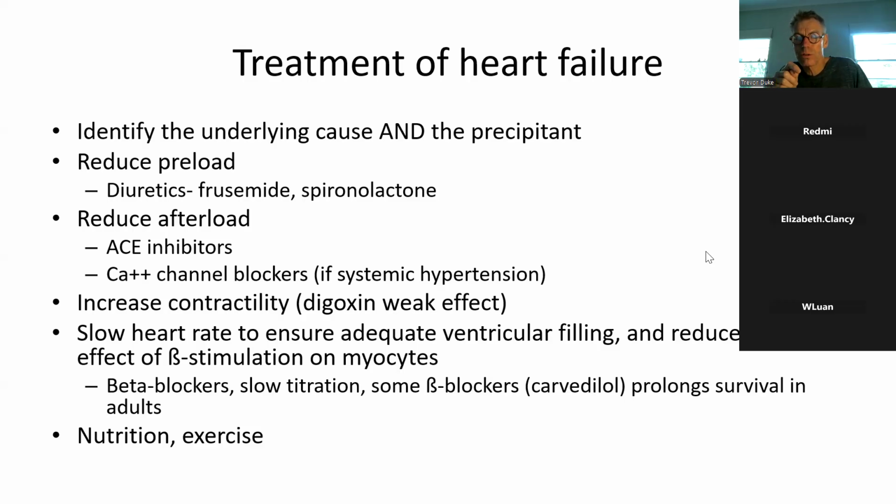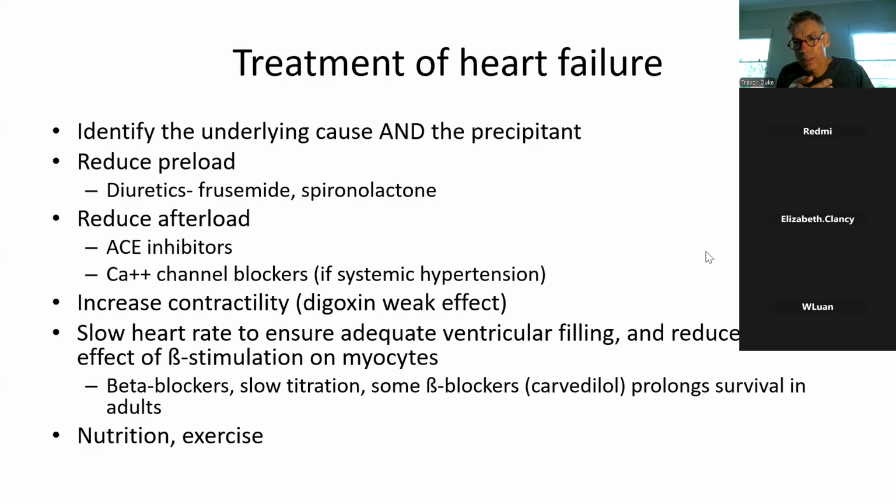The pharmacological treatment of heart failure, firstly, think about it as preload, afterload, and contractility. And when we give diuretics, furosemide or spironolactone, we are really reducing preload on the heart. When we're giving ACE inhibitors, enalapril or captopril, we're reducing afterload on the heart. So you're reducing the work that the heart has to do.